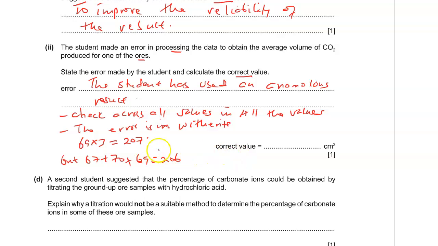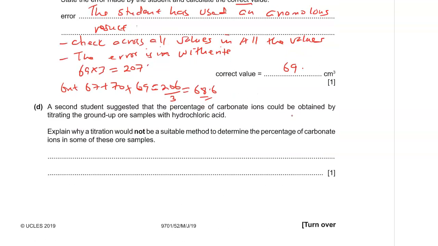Therefore, 206, when you divide by 3, you get 68.6, and this is supposed to be 69 right there.